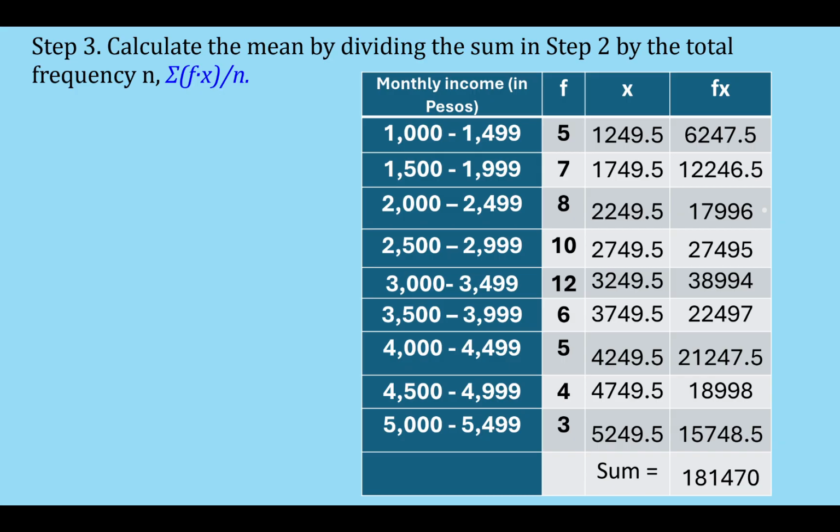So our frequency, our midpoint, and then the product of f and x. Now, step number 3 is to calculate the mean by dividing the sum here of 181,470 by the total number of data, which is n.